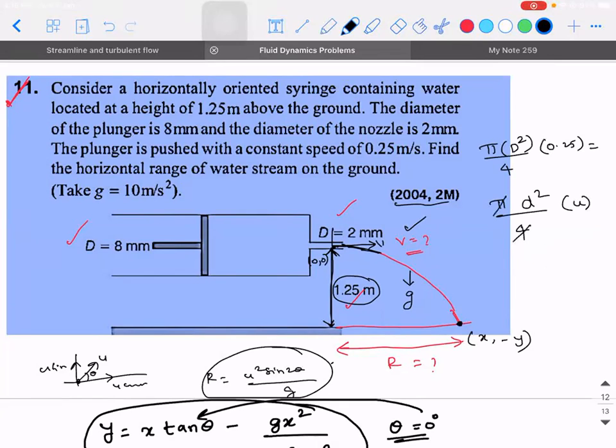So pi by 4 gets cancelled. D square, how much is it? It is 64. I'm not converting it to meter because on both sides it is in millimeter. 0.25 is 1 by 4 is equal to d square into u. This will cancel 16 and this will be 4. So u is equal to 4.